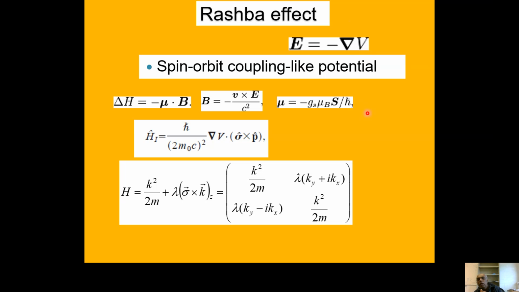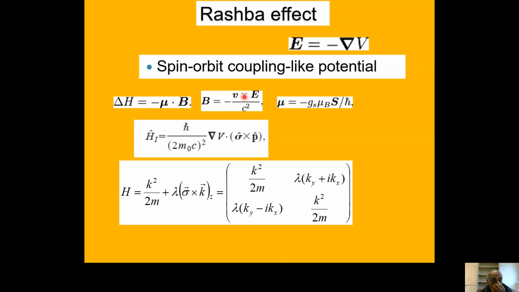But just imagine if you have a spin orbit coupling. Now the electron will have the energy given by mu dot B, right? Mu is the magnetic moment here, times B. But here we are talking about that B not coming from any external magnetic field, but coming due to the motion of that electron.